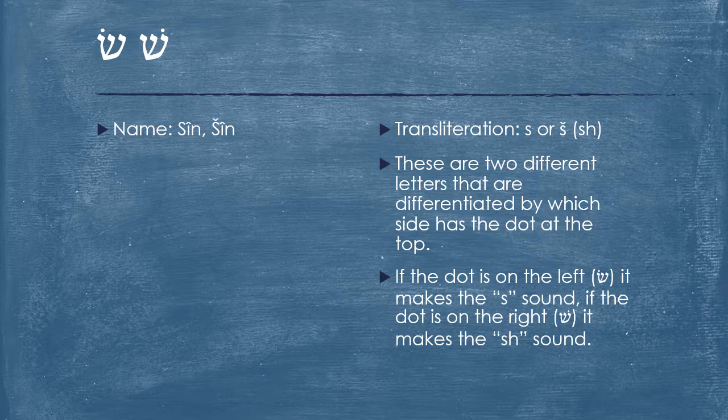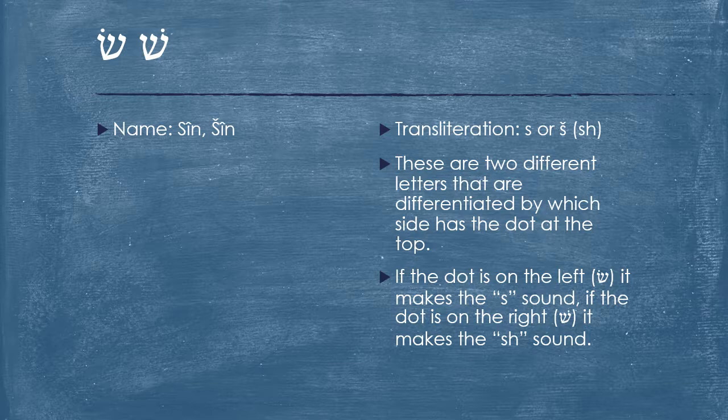And we also have this unique letter. Actually, it's two different letters. We have sin and we have shin. The transliteration of the sin is an S sound, and the transliteration of the shin is an SH sound.